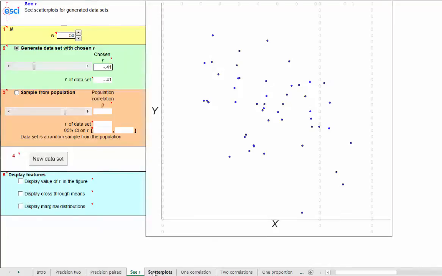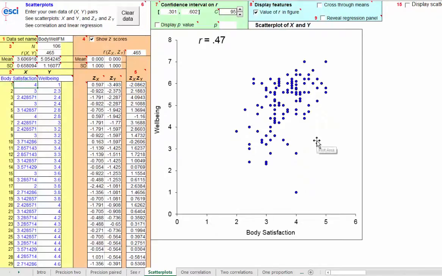Now I'd like to go back to scatter plots and look at our data set here and illustrate one more point. Here we've got a correlation of 0.47, so moderately positive. If you like, you can eyeball a line and think about tightness to that line. I'm talking about tightness to the line, not slope of the line, because when we've got original units of measurement, as we have with well-being and body satisfaction, the slope of the line we can change very easily just by changing the scale.